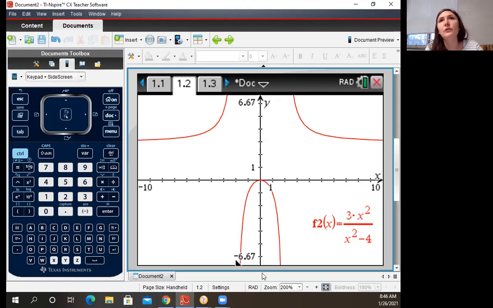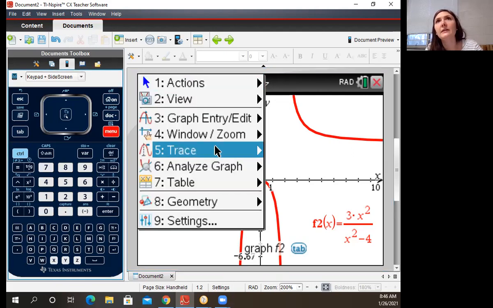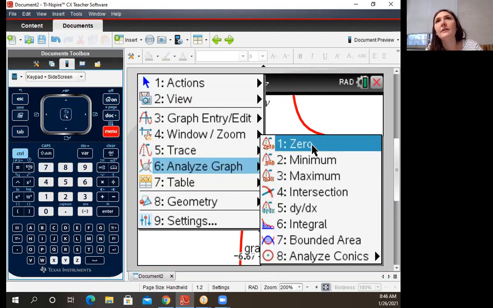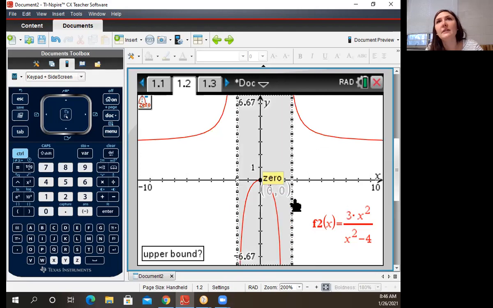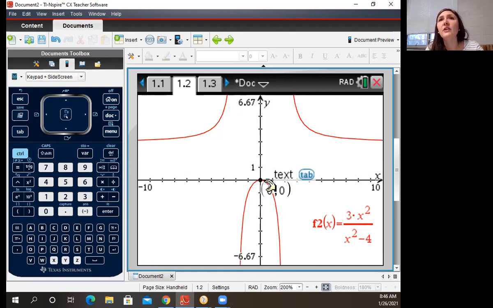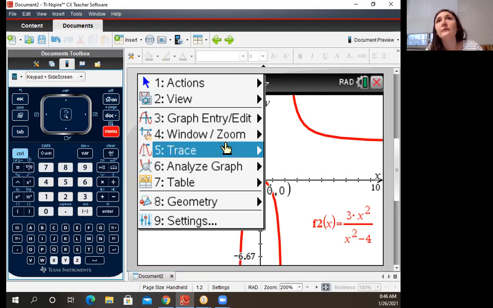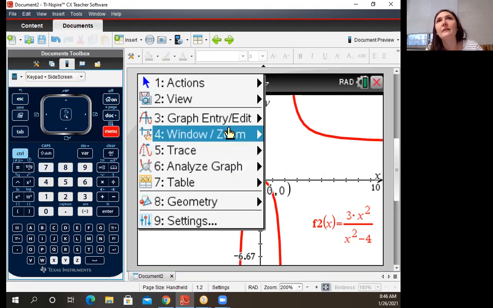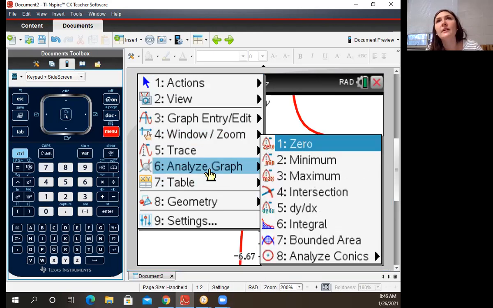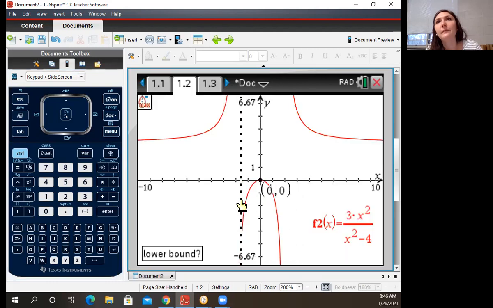And then if I look at the next portion of my graph, we're increasing again. This looks like I have an x-intercept at the origin, but since I'm on my calculator, I'm going to double check. So menu, analyze graph, find that 0, find that x-intercept. I could have also found the maximum here, right? The top of my hill would have been another way to go. Analyze graph, maximum, because that's where I would switch from increasing to decreasing.